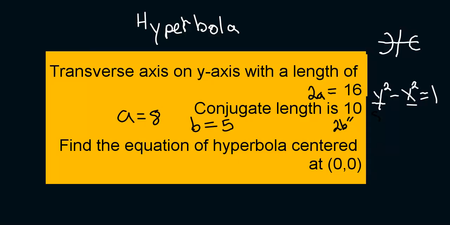Now, it's going to be y over a squared and x over b squared. So I'm going to do y squared over 8 squared, minus x squared over 5 squared. So I get y squared over 64 minus x squared over 25 equals 1.